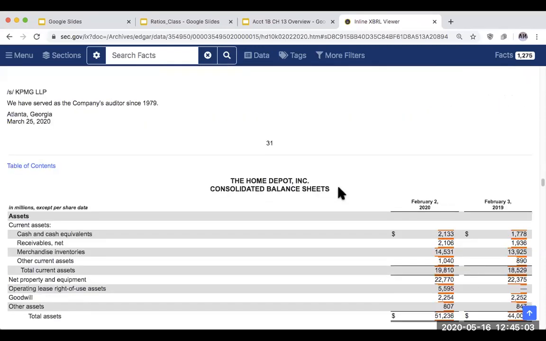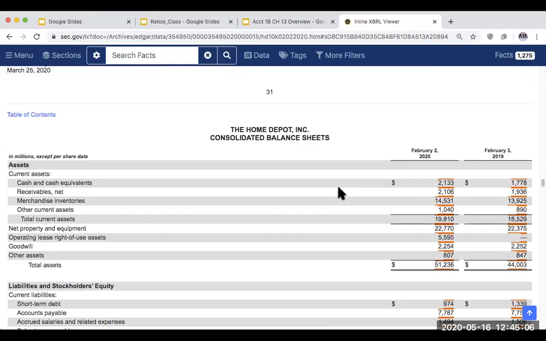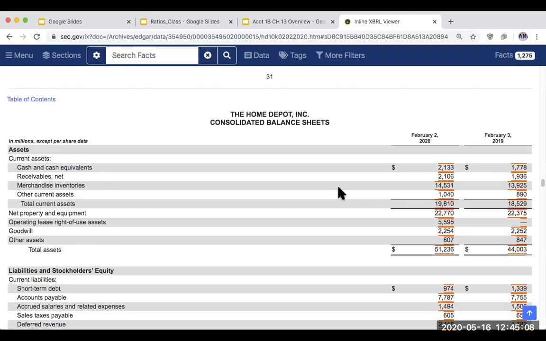Now, the reason why we do this is because when I'm going to analyze financial statements, where do I want to concentrate my time? I want to be concentrating my time on the areas that are the most relevant or significant to the company. So for example, if I said to you, would you want to use an accounts receivable turnover ratio or an inventory turnover ratio to analyze Home Depot?